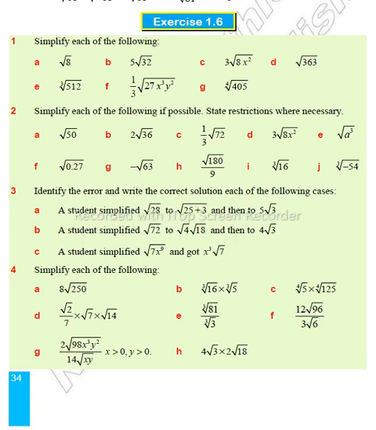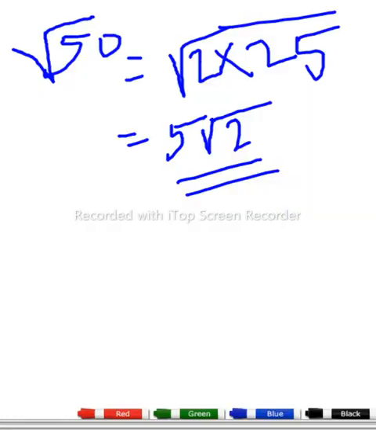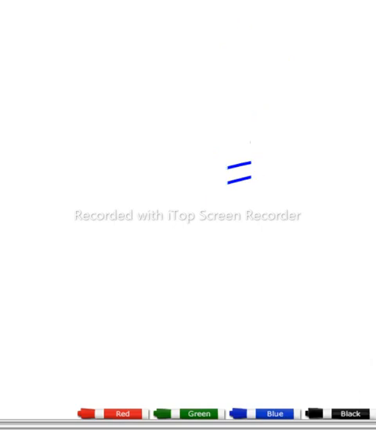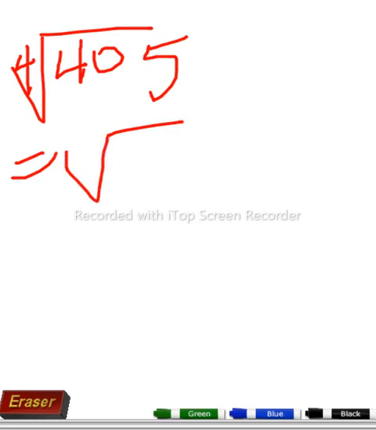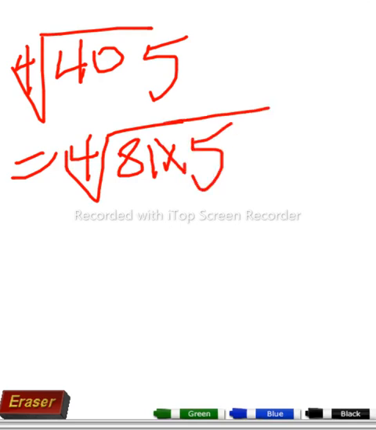Okay, let us do question D. D says the fourth root of 405. As we know, this means, again, we rewrite this equation as 81 times 5, because 81 times 5 means 405.